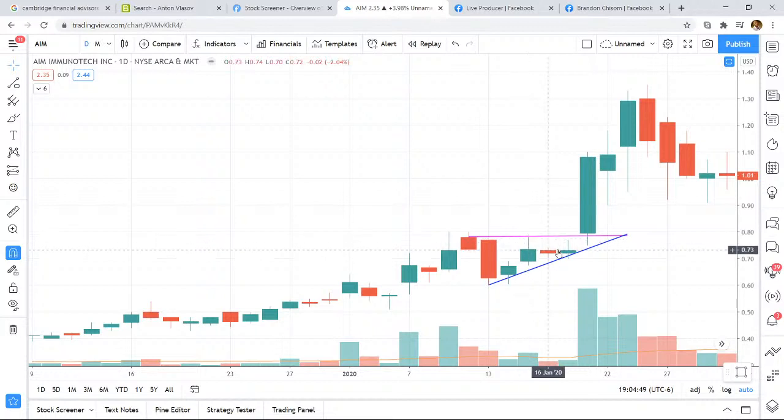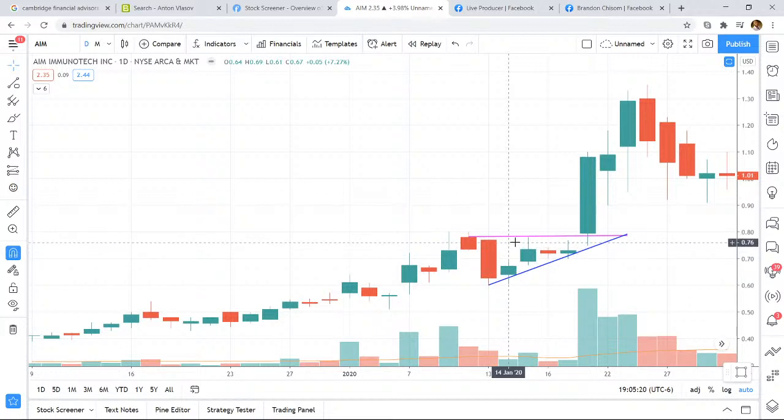So after that pullback happened and it traded up to this point here, the next day it traded down towards this line, that was a key for me. The reason being is this pattern notoriously likes to trade within a range. So as you can see, it traded within a range of 78 cents to 65 cents, right?